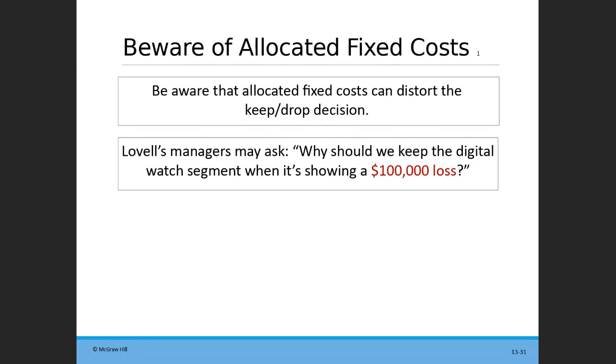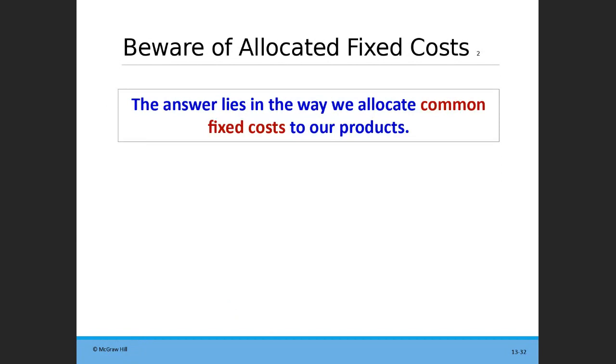So what does that tell us? Well, it tells us to beware of allocated fixed costs, right? Why would we keep that digital watch section when it's losing 100,000? Well, it's because in this factory we allocate common fixed costs. If it's a common fixed cost, instead of going to watches, it's going to go to, I don't know, whatever else they make there, phones, something like that.